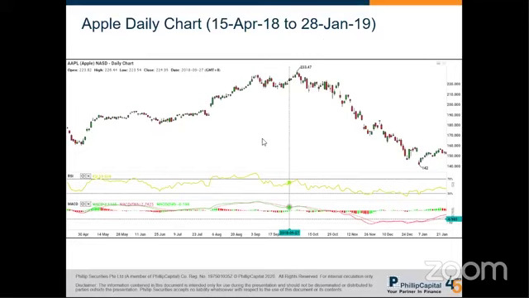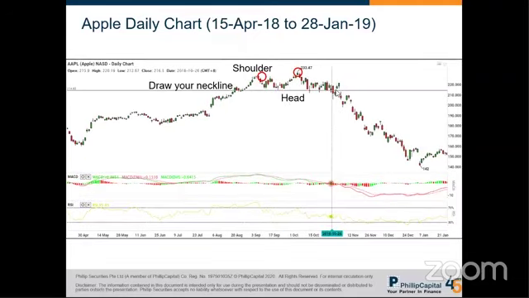So for Apple, just now we showed there's a long-term upward trend. We zoom in further to see. This is the shoulder, the head, and the shoulder. One thing about head and shoulders is that sometimes the shoulders may not be exactly balanced. Sometimes one may be a bit higher, sometimes lower. So that's why it tends to be a bit complicated.